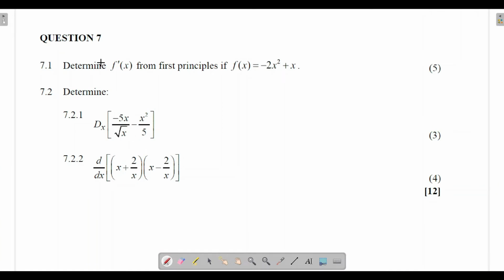On today's video tutorial, guys, we are still going through the grade 12 mathematics June 2022 paper 1 that was written by the Gauteng province learners. We are using this paper to revise all the topics and concepts that we have learned throughout grade 10, 11, and 12. In this video tutorial, we are going to be going through question 7, and question 7 deals with calculus.